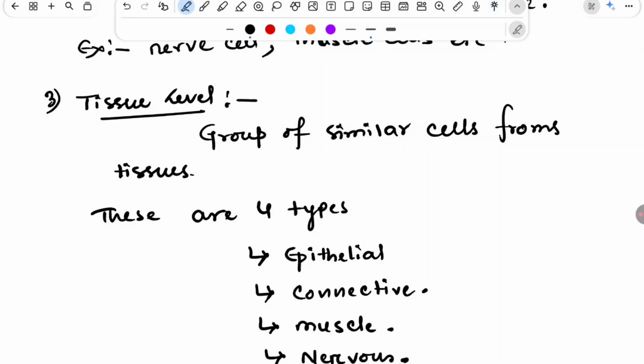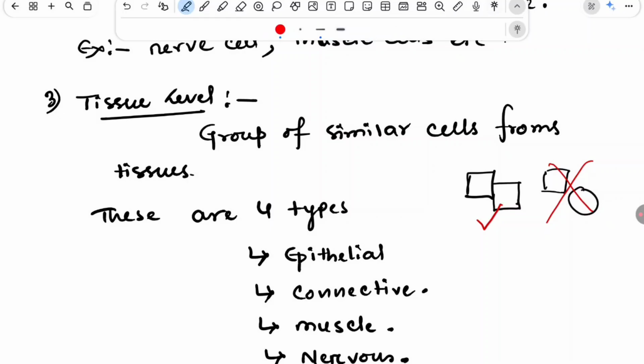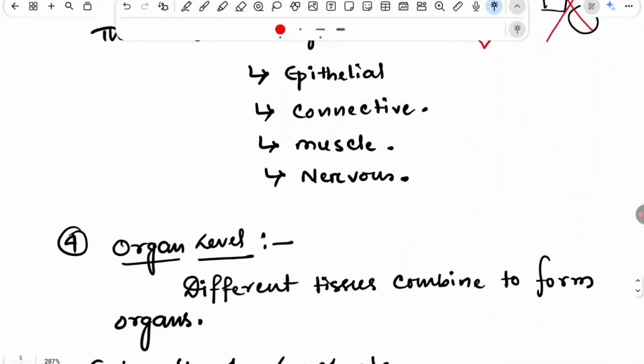Suppose I draw this type of cell, another of this type of cell only will be there, and they will attach together. This type of cell and that type of cell should not attach, but this type is okay. So we are saying similar types of cells attach together, then only it will form tissue. There are 4 types of tissue: epithelial tissue, connective tissue, muscle tissue and nervous tissue or nerve tissue.